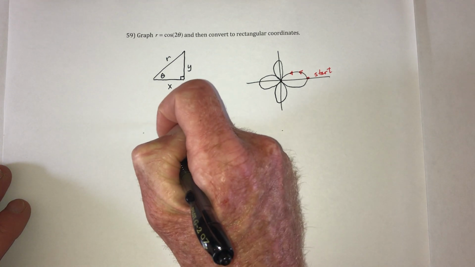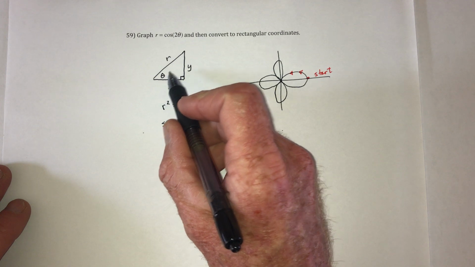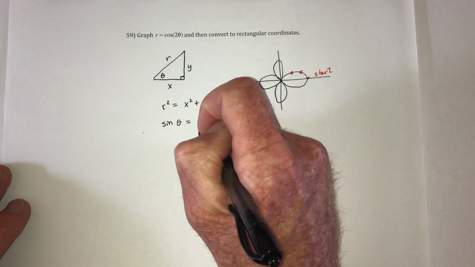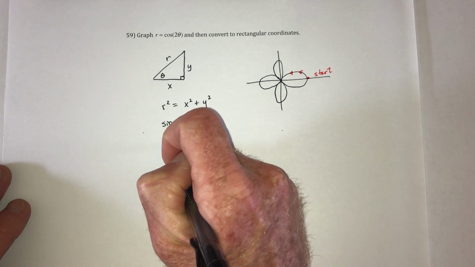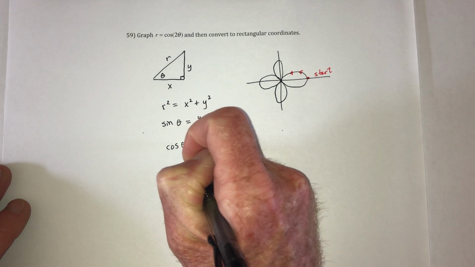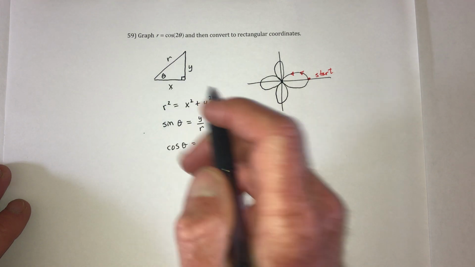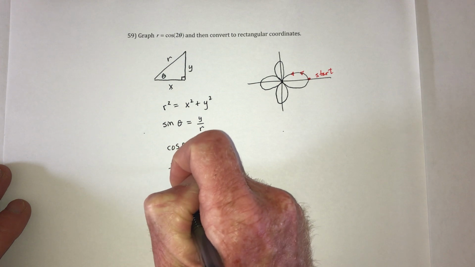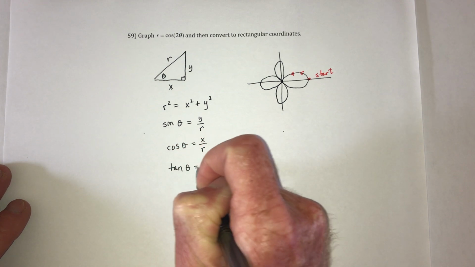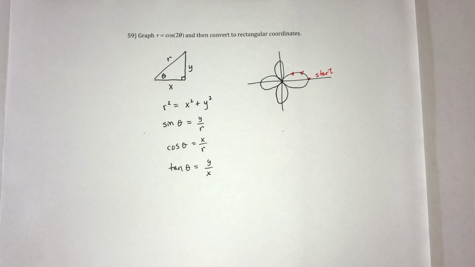I could do sine of theta. Sine is y over r. Cosine would be adjacent over hypotenuse, or x over r. And finally, tangent would be opposite over adjacent, or y over x.